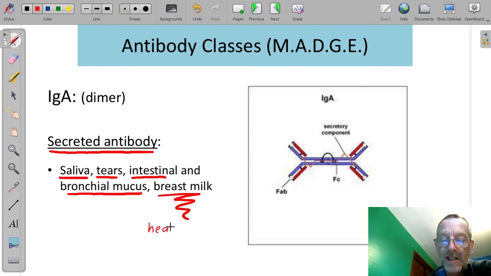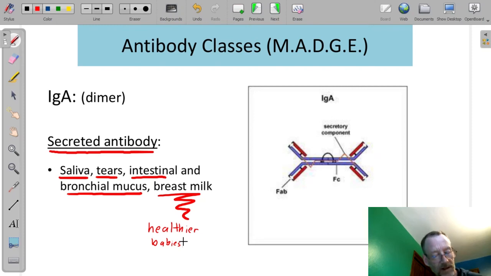They receive antibodies from mom. Secreted antibodies.